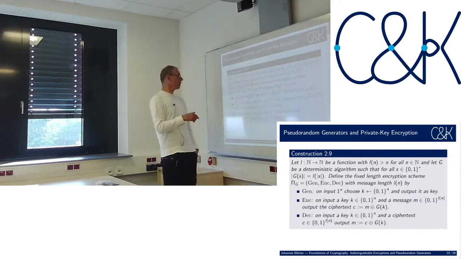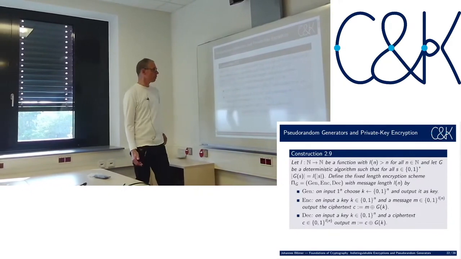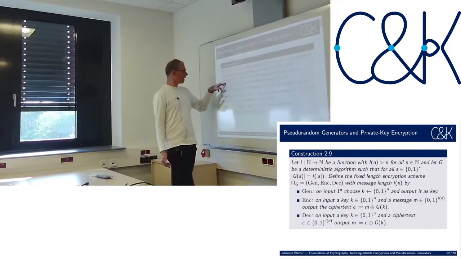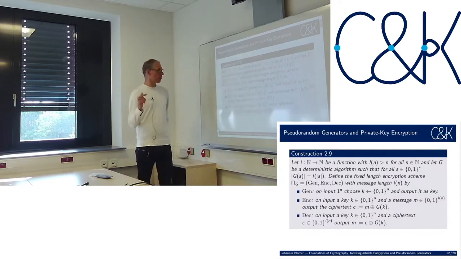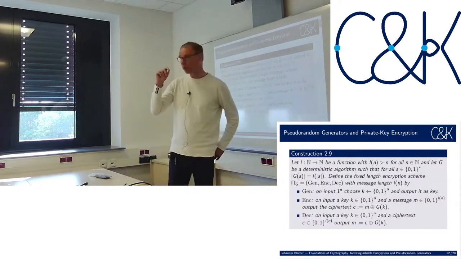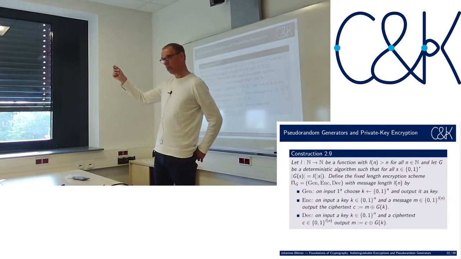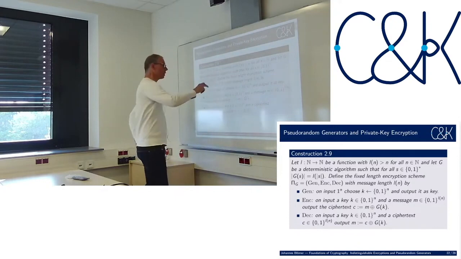So let L be a function, L of n larger than n for all n, and let G be a deterministic algorithm such that for all s in {0,1}^n, the length of G of s is L of n. Then we define the fixed length encryption scheme. Remember, a fixed length encryption scheme can only encrypt messages of a certain length on security parameter n; in our case, it will be L of n.